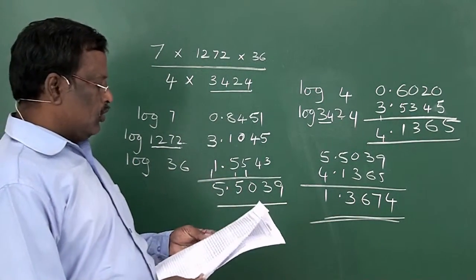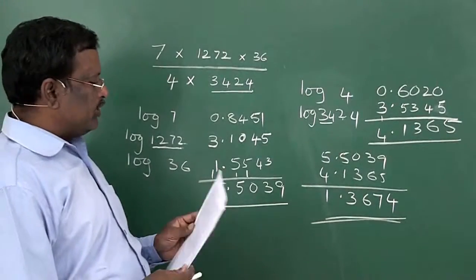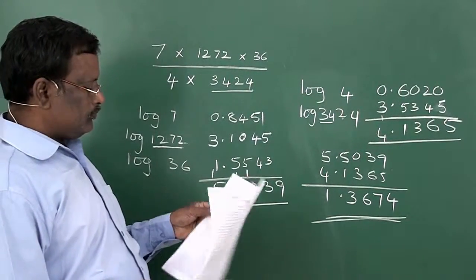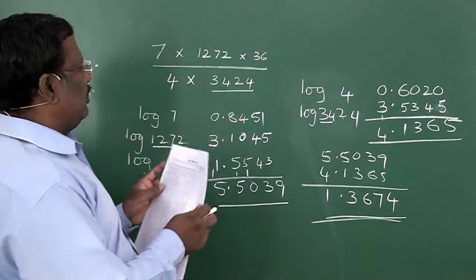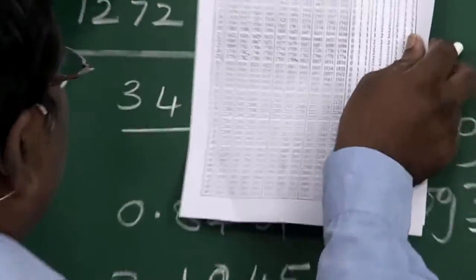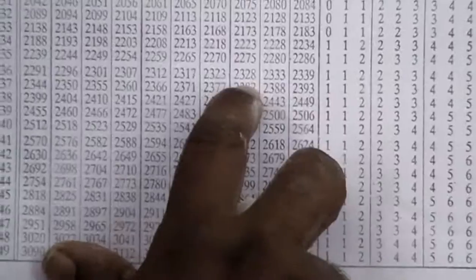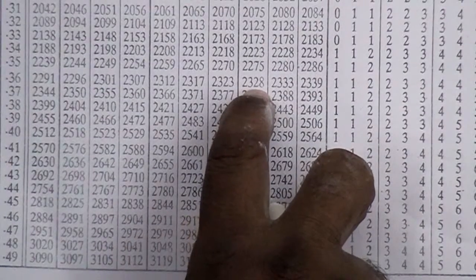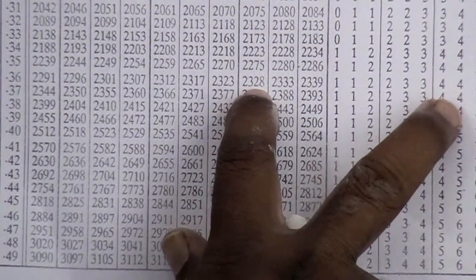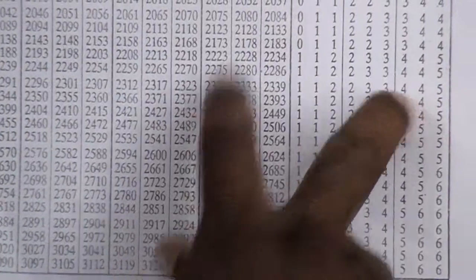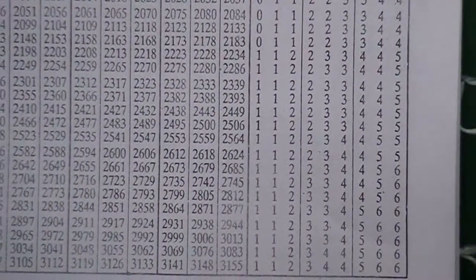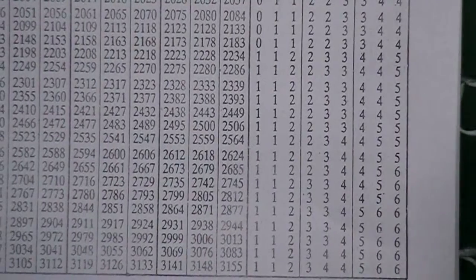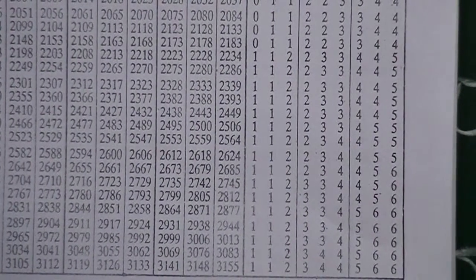So if you go through these antilogarithms, 0.36 and 7, 2328. And mean difference 4 you have to add. 2328 plus 4 becomes 2332. So this is the answer.